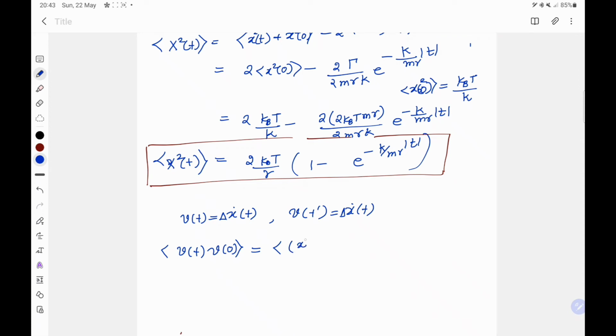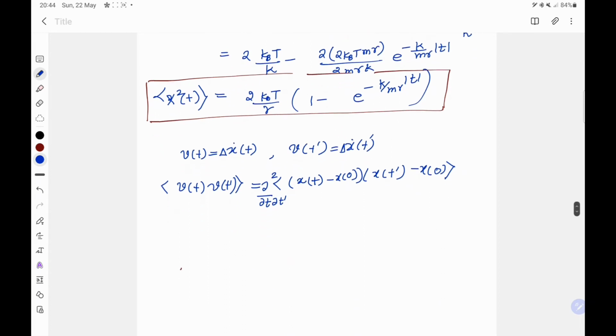So x t, so for t prime, this is x t minus x0, x t prime minus x0, a derivative of this. So we can write this way, delta t and delta t prime 2. This you can check, this is easy.